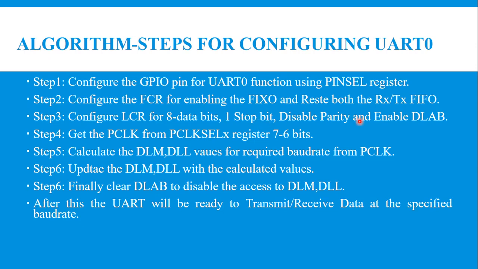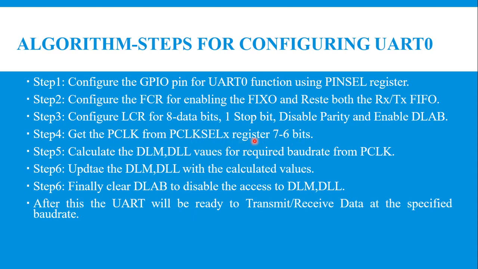Next, get the processor clock information from the clock select register. Even though, while preparing the hardware experiments, we have done this peripheral clock selection in the system file, and there is no need to do this here.